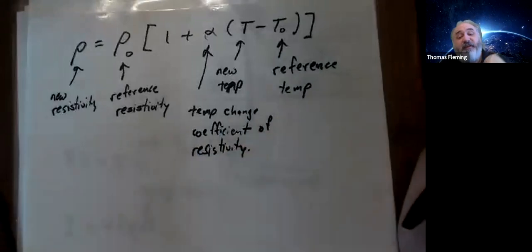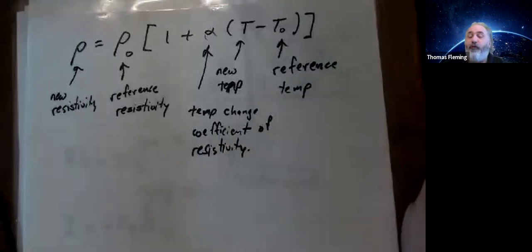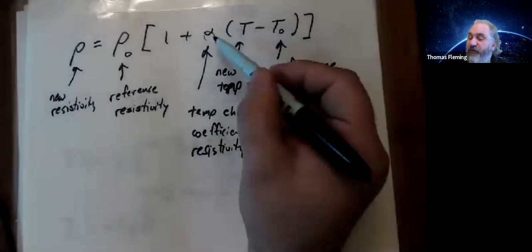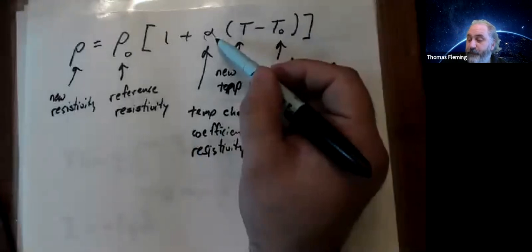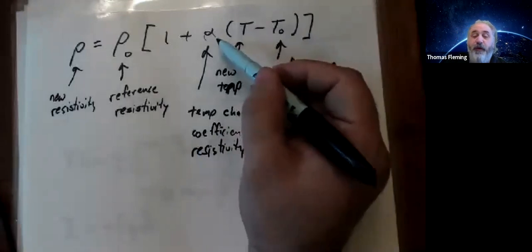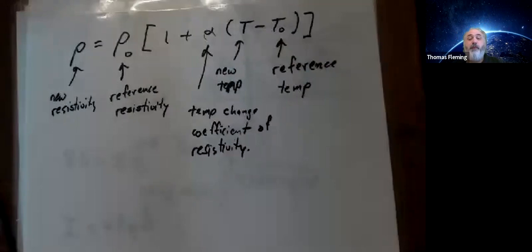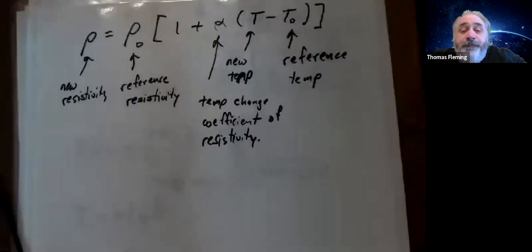And in fact, in that same chart where you could find the resistivities of different metals in your textbook, you'll also find the temperature change coefficients or coefficients of resistivity for those same materials. And what you'll find is that for some of those materials, alpha is positive. In other of those materials, alpha is negative.